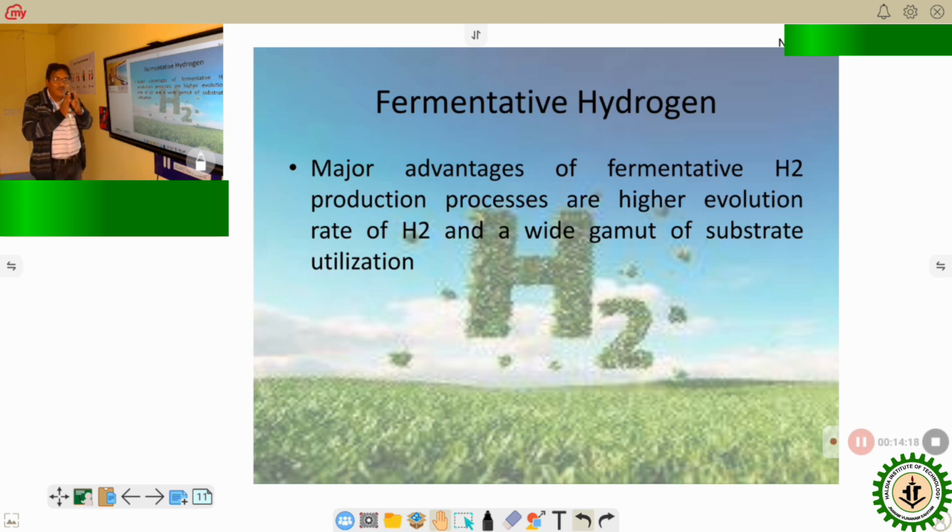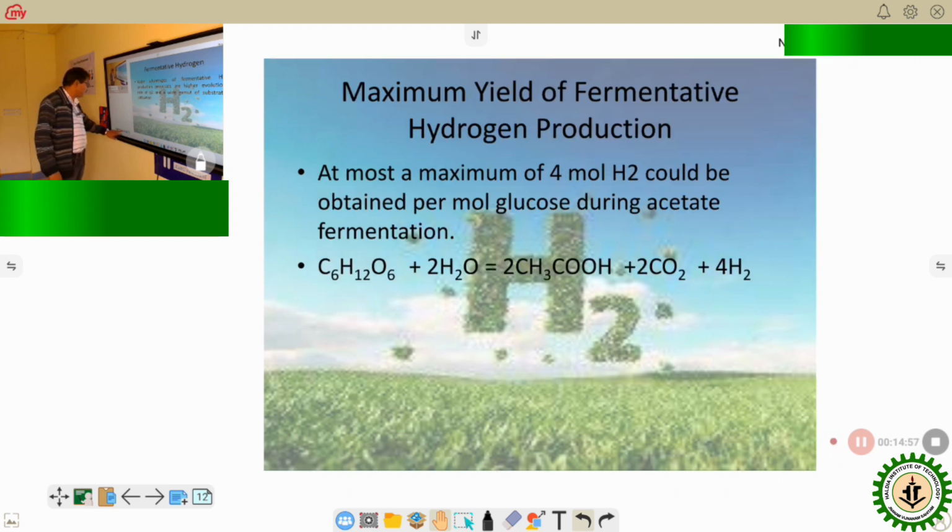With flexible operating conditions like the temperature ranges, we can even improve the activity of the bacteria itself by mutations. By mutating this Enterobacter cloacae, that can be even further efficient. And higher evolution rate means theoretically it can evolve 4 mole of hydrogen per mole of glucose. And if we apply the proper strategy like reduction of pressure, it can generate a higher rate of hydrogen.